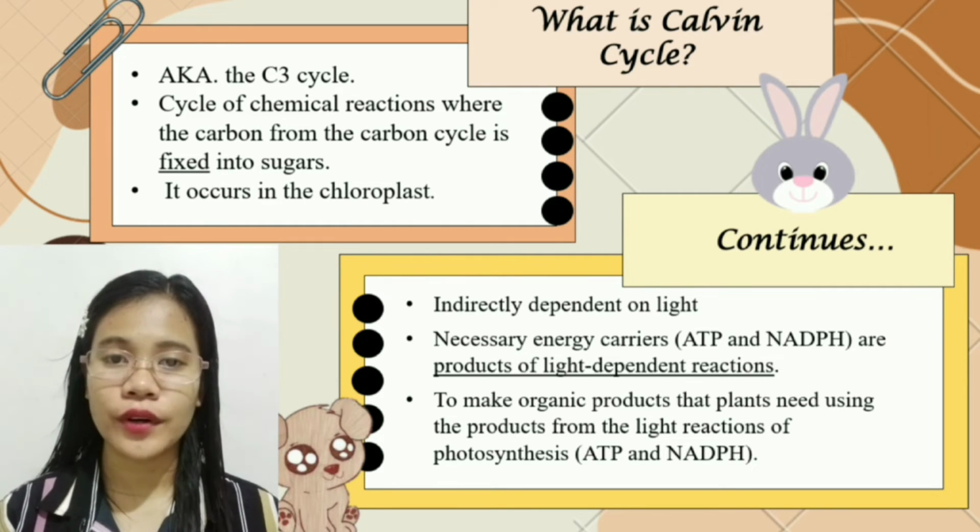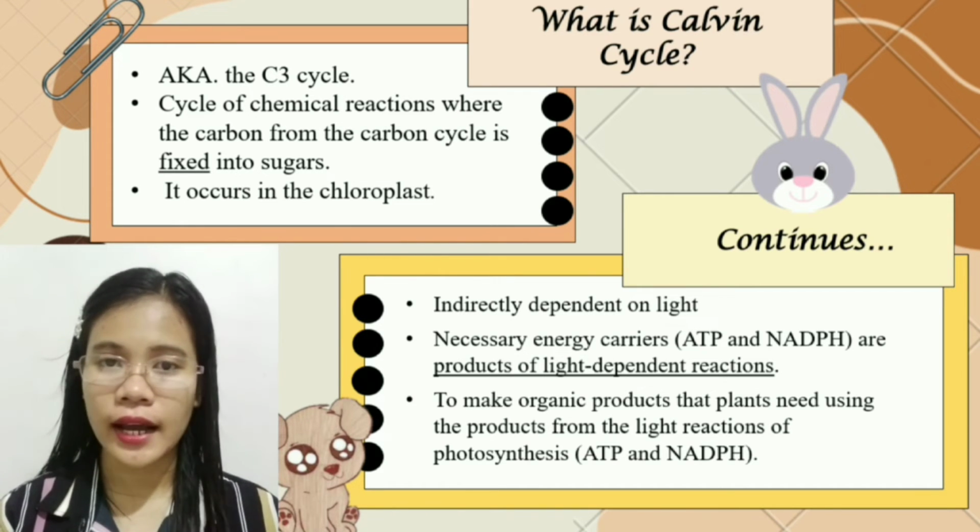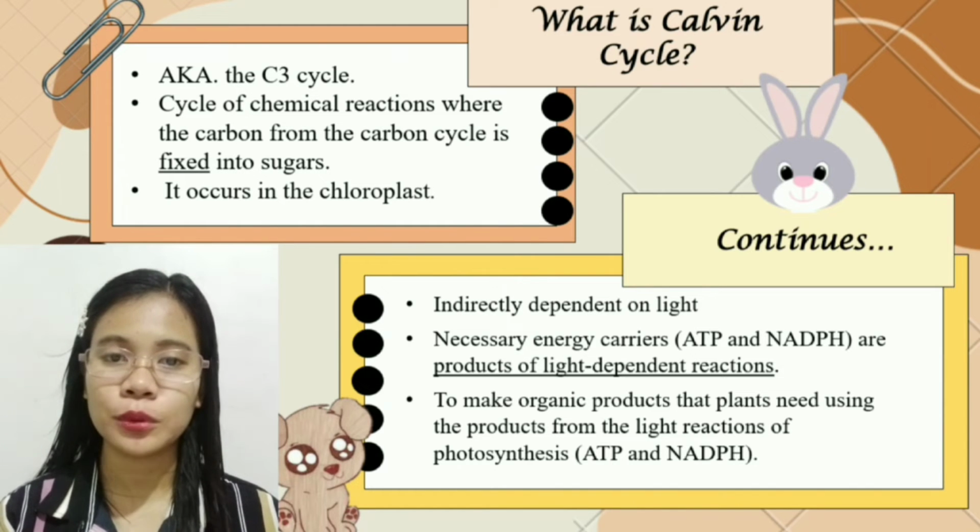The Calvin cycle is indirectly dependent on light, since the necessary energy carriers, adenosine triphosphate or ATP and nicotinamide adenine dinucleotide phosphate or NADPH, are products of light-dependent reactions.